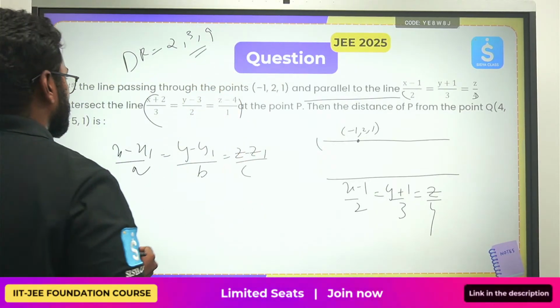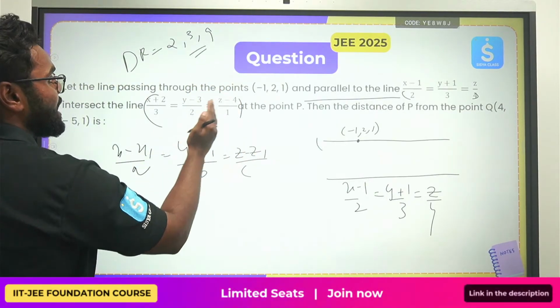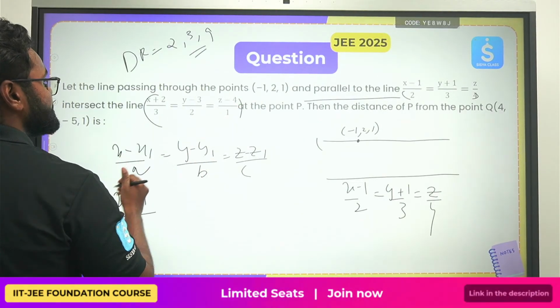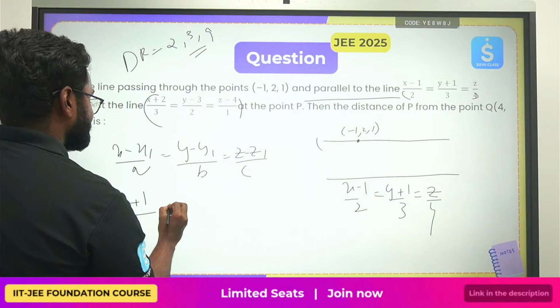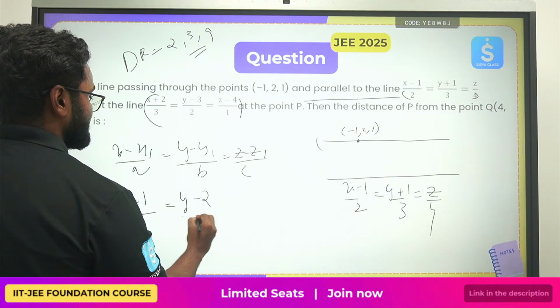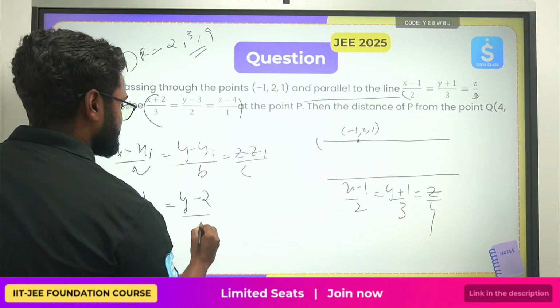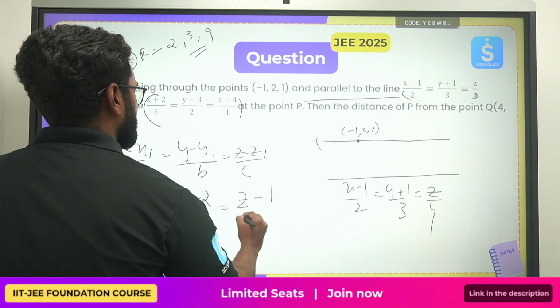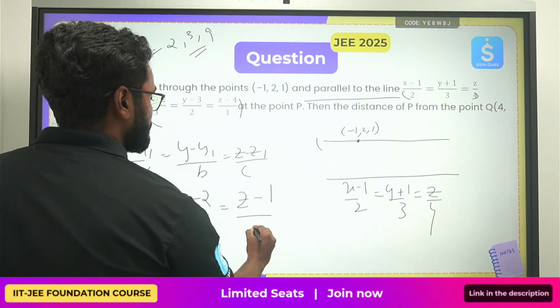So let us try putting it in: (x plus 1)/2 = (y minus 2)/3 = (z minus 1)/4.